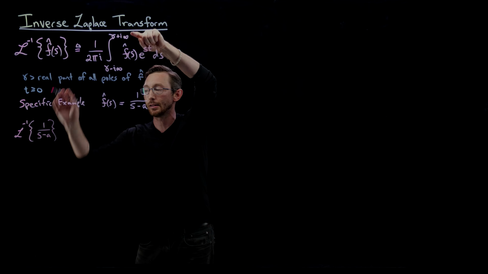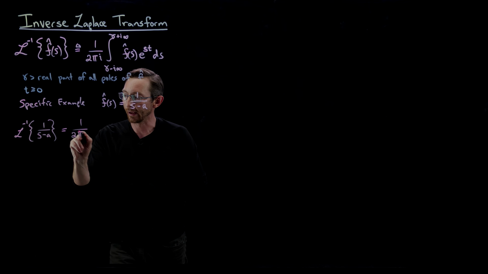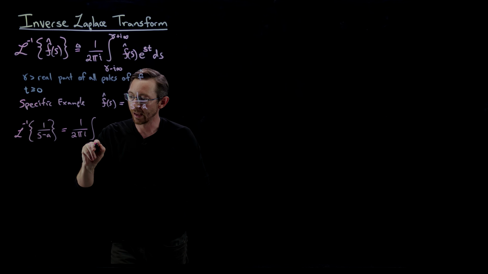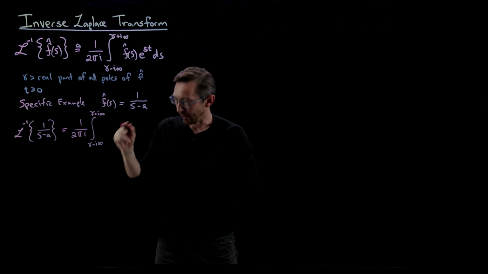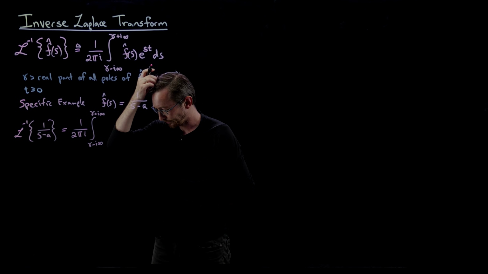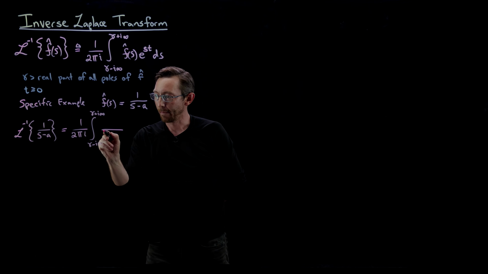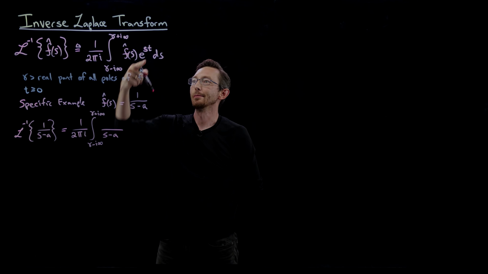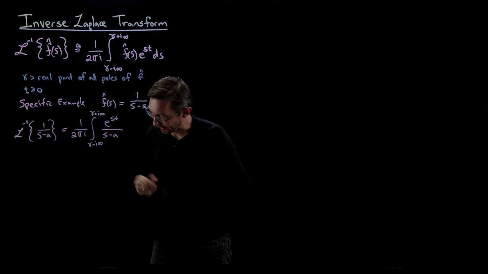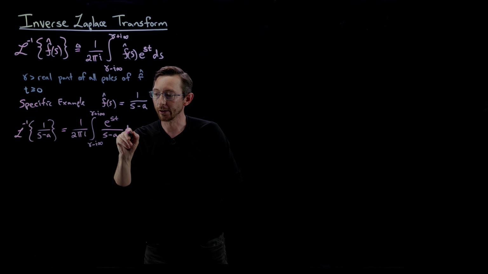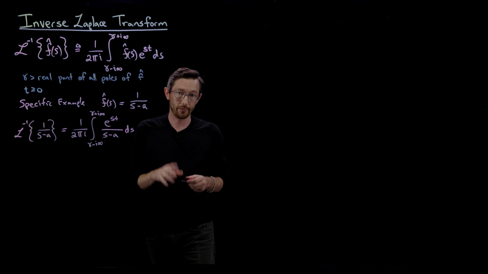So this is going to equal 1 over 2 pi i, integral from gamma minus i infinity to gamma plus i infinity of my function, 1 over s minus a, times e to the st, and I integrate with respect to the Laplace variable ds. So this is the integral I'm going to be trying to solve, okay?